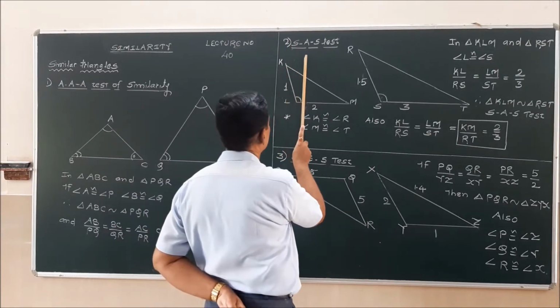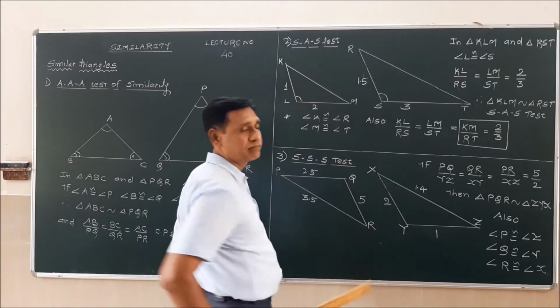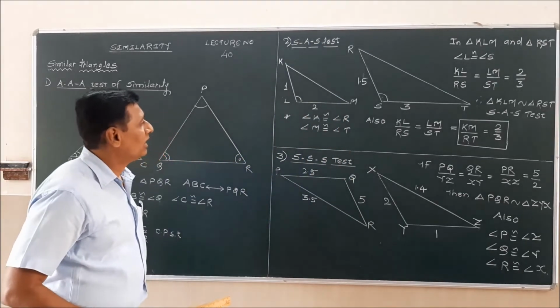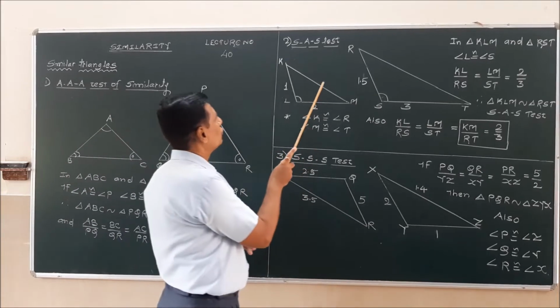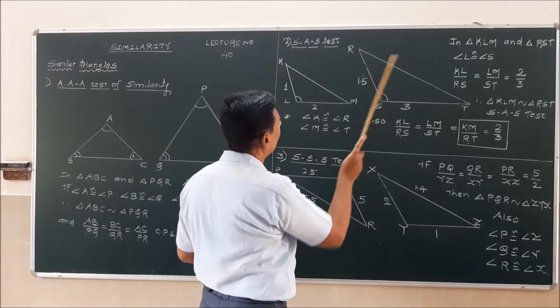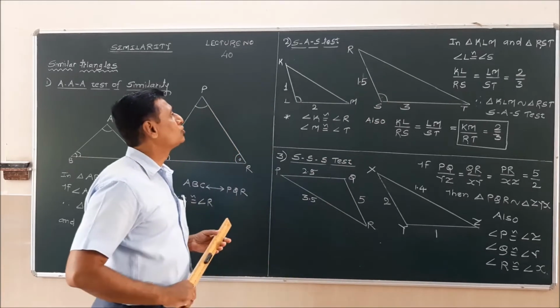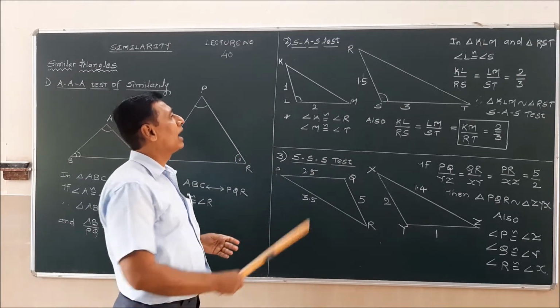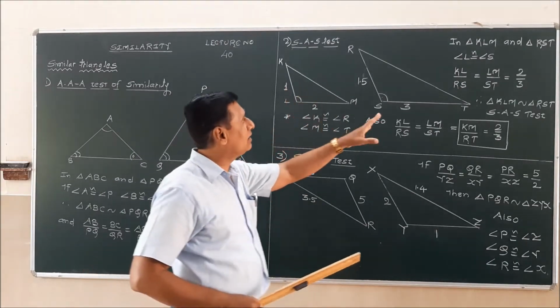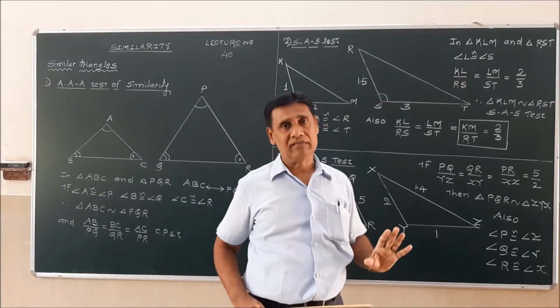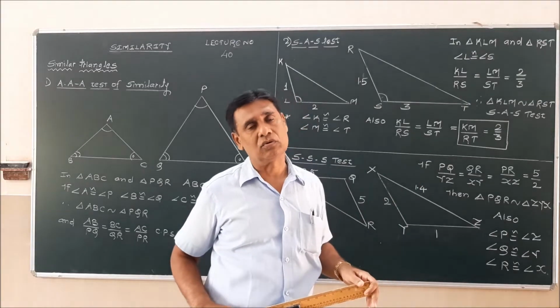Side angle side test. If somebody asks you, if you don't know the ratio of KL and RT, what will be the ratio between KM and RT? Yes, KM and RT will also have the same ratio, that is 2 upon 3.